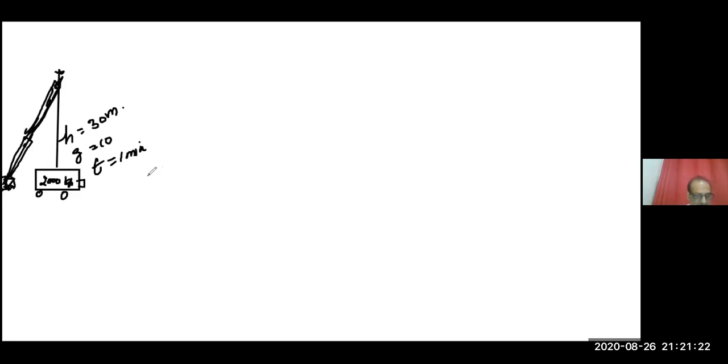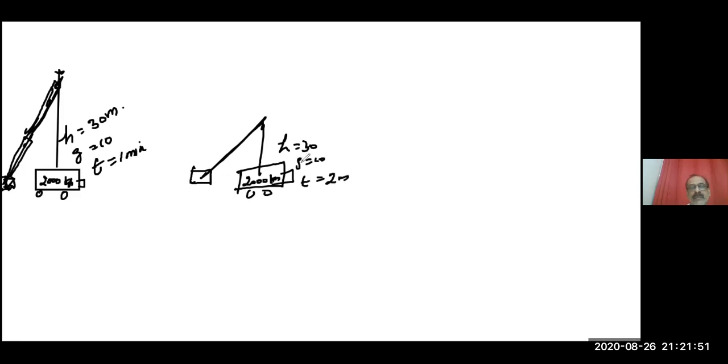A second crane does the same job in 2 minutes.